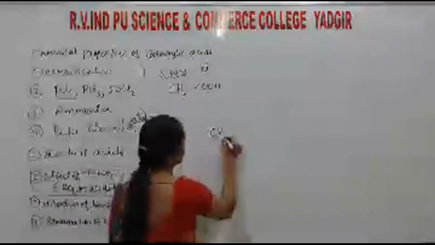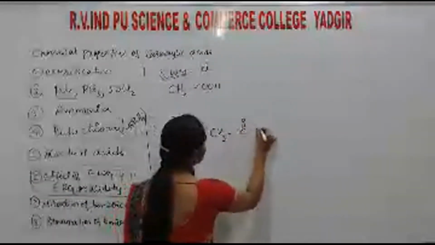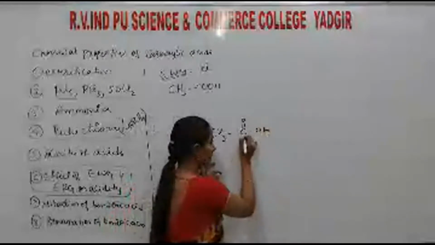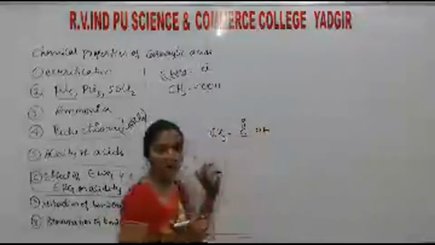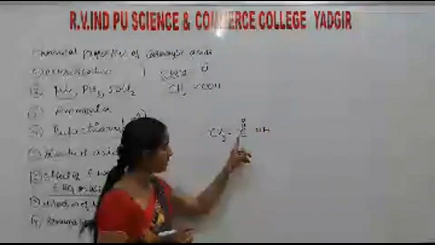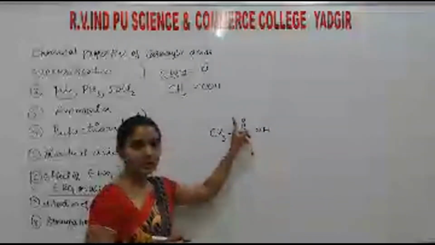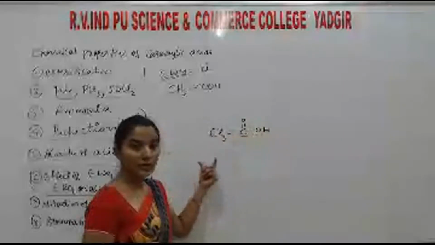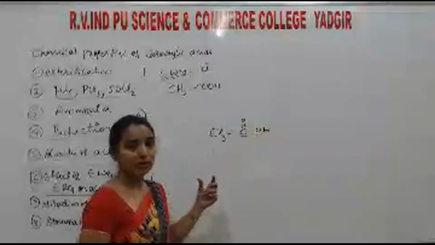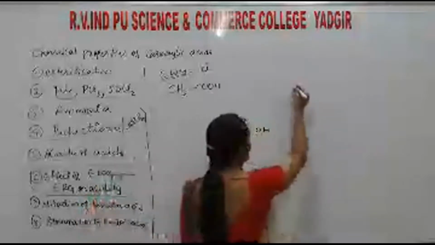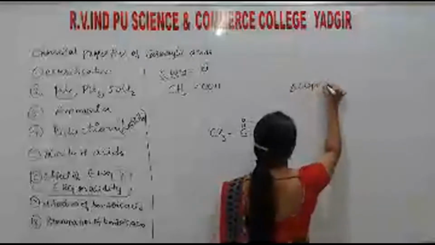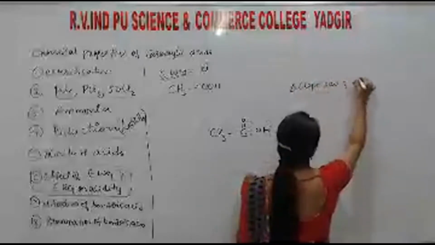We are going to check the acidity, which is due to this carbon atom, because this is the carboxylate, C double bond O, OH. From this, we are going to check whether it is acidic or not. So students, remember, one which accepts a pair of electrons, what is it called?